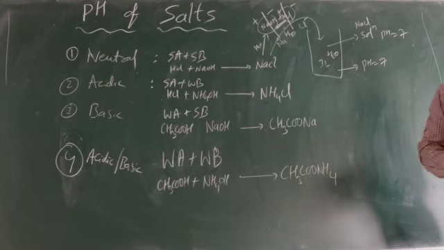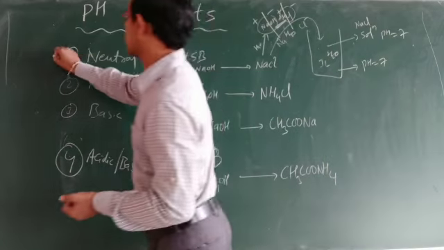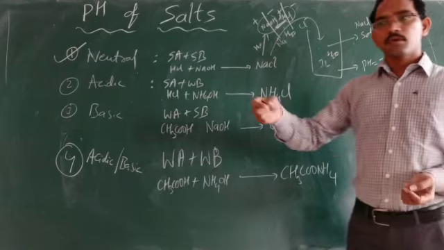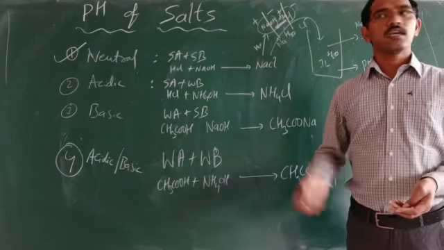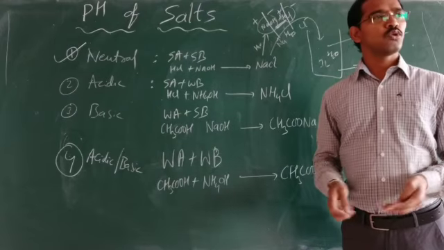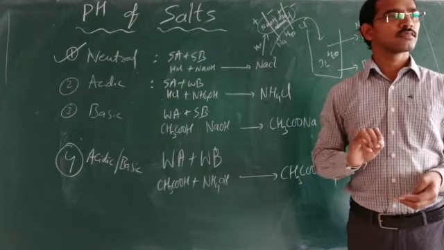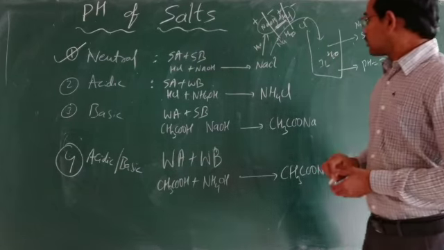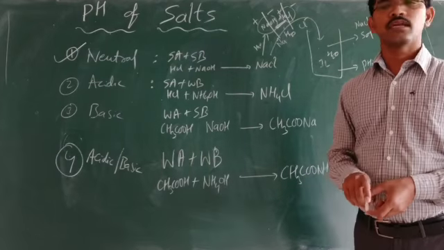Okay, so we don't need more discussion, concept-wise over. If the question asks that 20 grams of NaCl is dissolved in 100 grams of water, calculate the pH value, no need to do any calculation, the direct answer is 7. Right? Over.